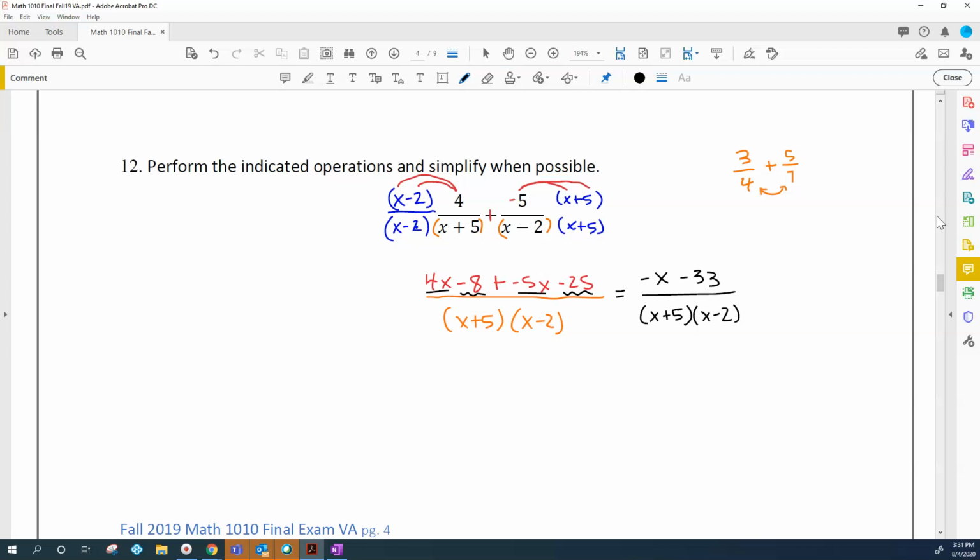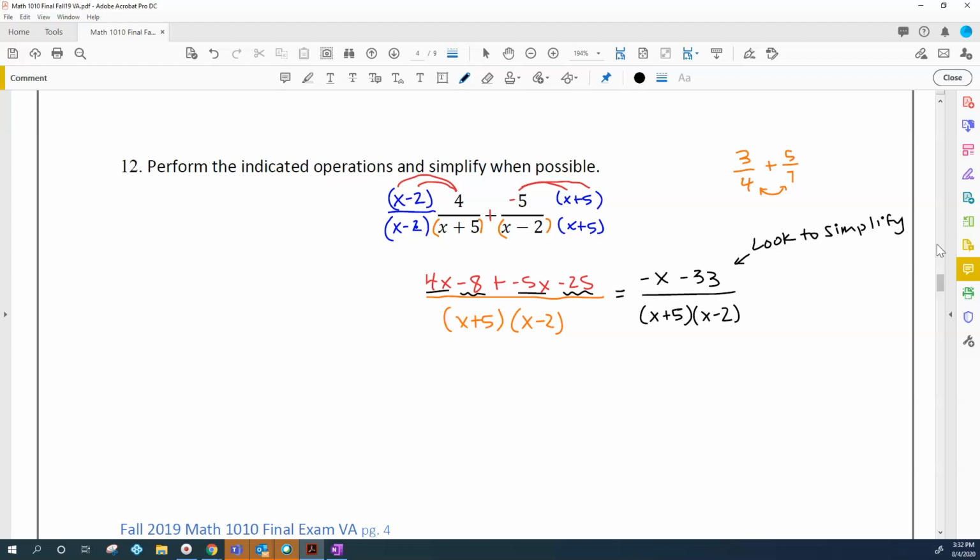But one thing I want to caution you about is, this top right here can't factor any further, but if it could factor, we'd want to try and factor that and see if it would be able to divide out with something on the bottom. So you always want to look to simplify for the very last step.